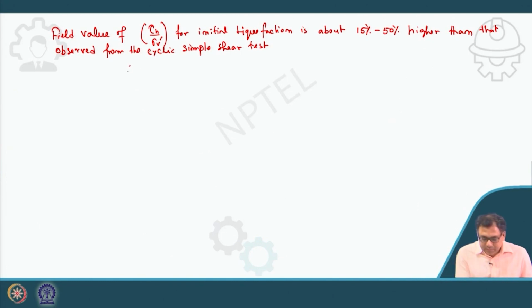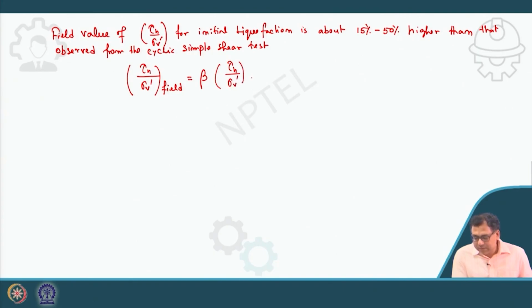We can convert in this way: tau h by sigma v dash field is equal to beta times tau h by sigma v dash simple shear. This way we can correlate field data with the simple shear test data. Simple shear test data has already been correlated with the cyclic triaxial test data.